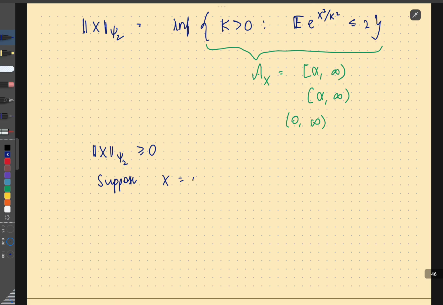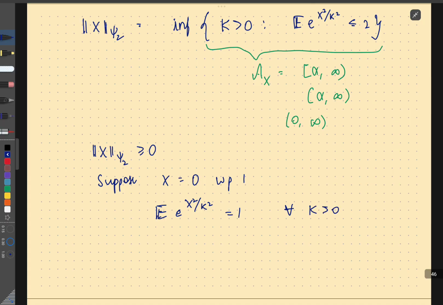Suppose x is equal to 0 with probability 1. Then what can you say about expectation of e to the x square by k square for any k positive? It's equal to 1. Right?